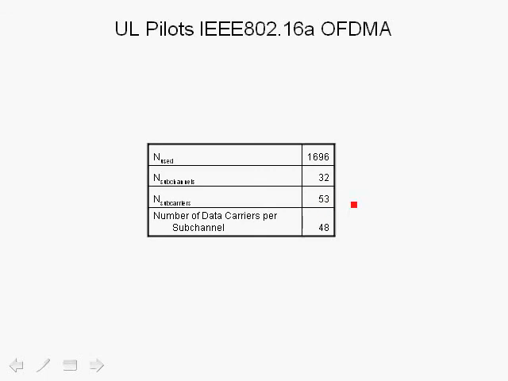So unlike the downlink frame where we had 48 carriers per subchannel, in the case of the uplink we have 53 subcarriers per subchannel and we have 32 subchannels. Of these 53 subcarriers in a subchannel, 48 of them are data carriers. So we have 5 pilots that are used in each subchannel.